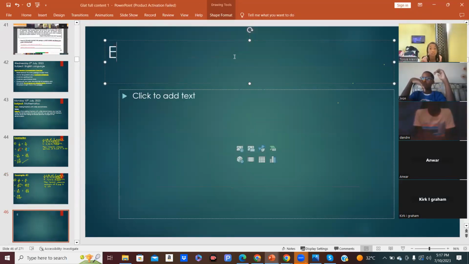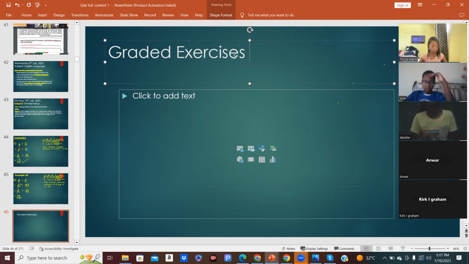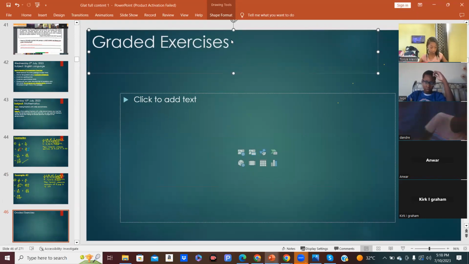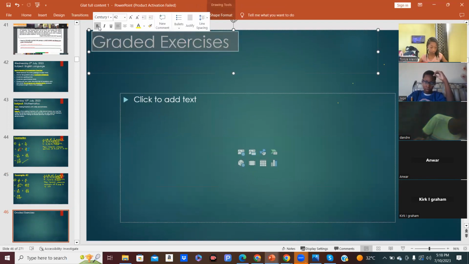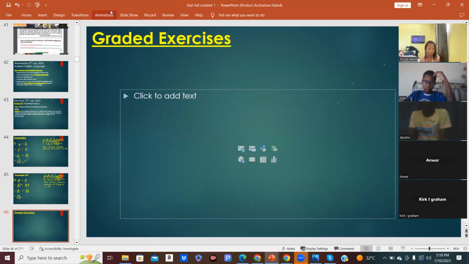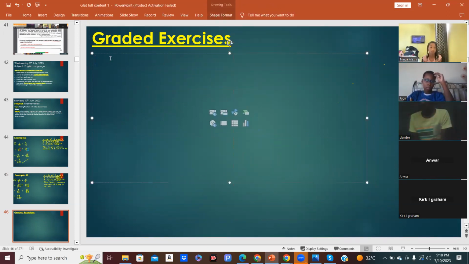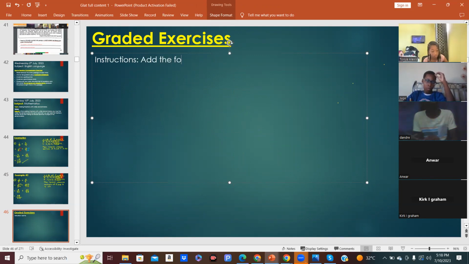So the instruction states: add the following fractions. Do not simplify.